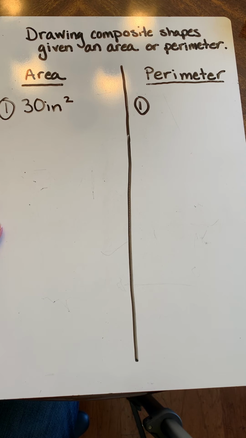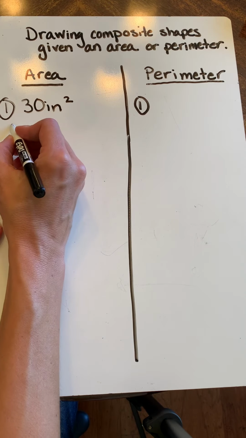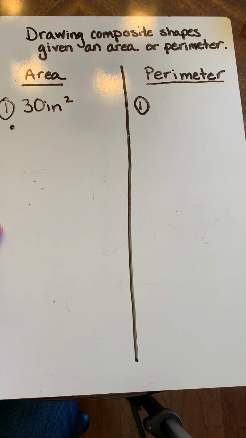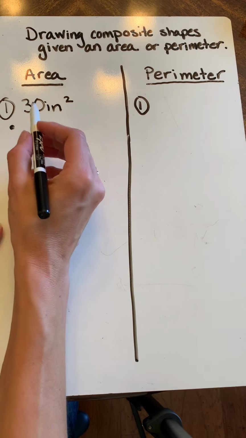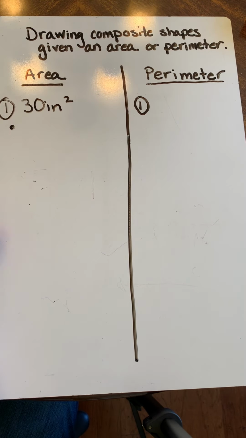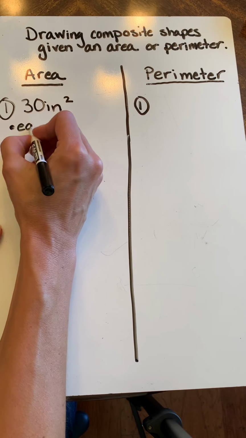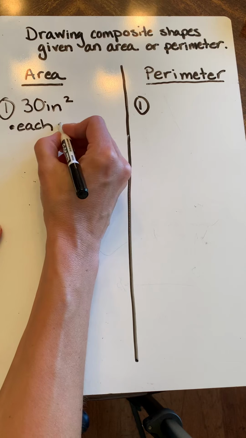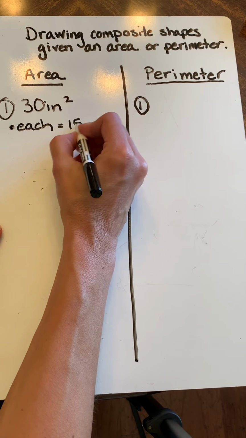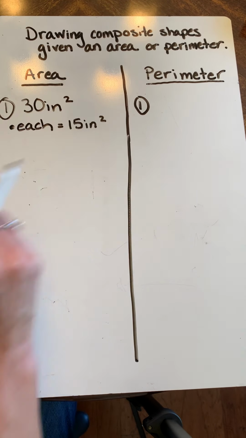They have to combine to give me 30 inches squared. So the most simple way I think of this is to think of 2 rectangular shapes. If I take 30 inches squared and break it into 2 shapes, each shape would have to equal 15 inches squared.